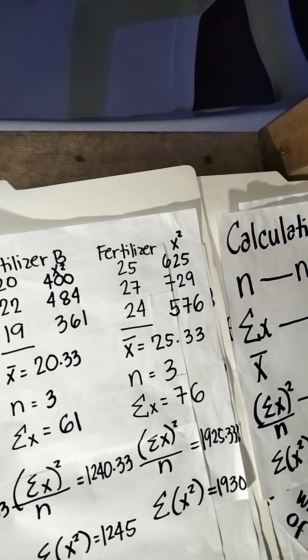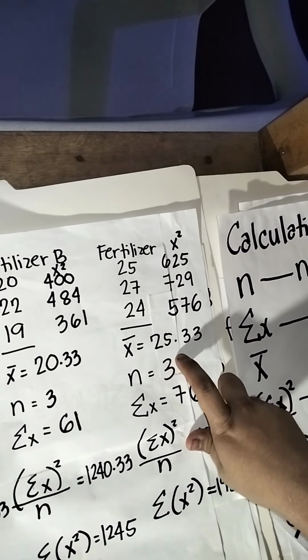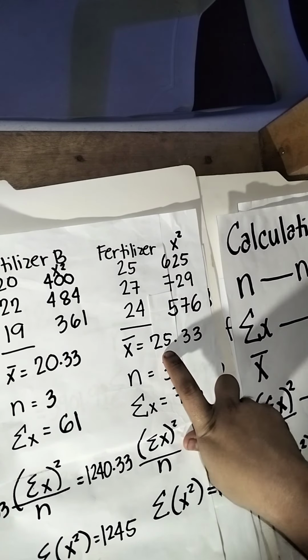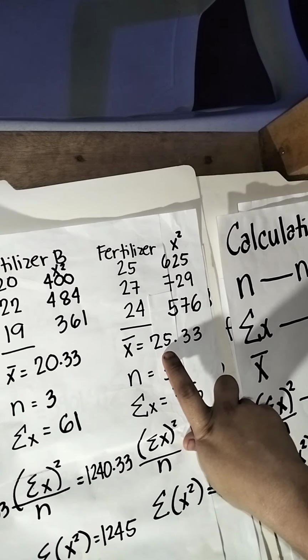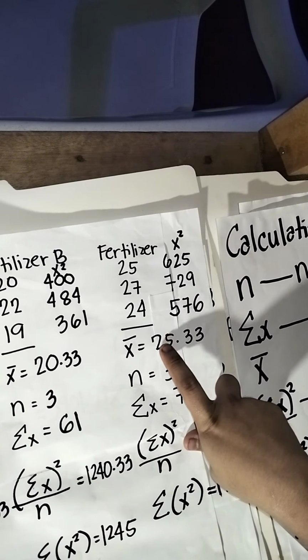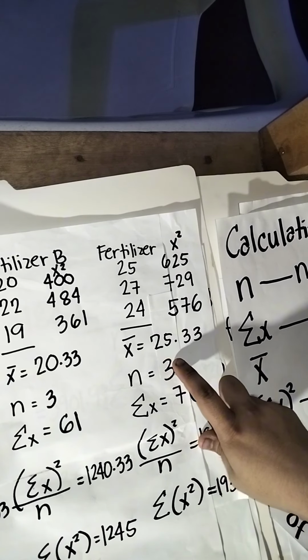What is the mean of the data set? We have 25.33. We add all of the x divided by the number of data. So in our case, we have 25 plus 27 plus 24 divided by 3.